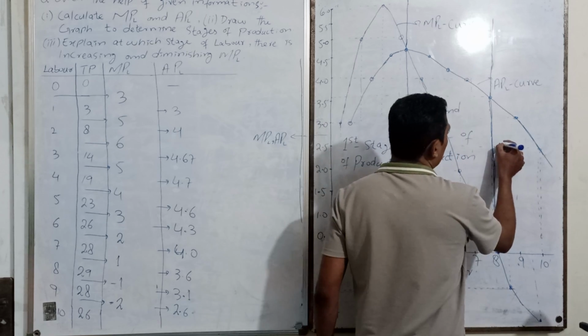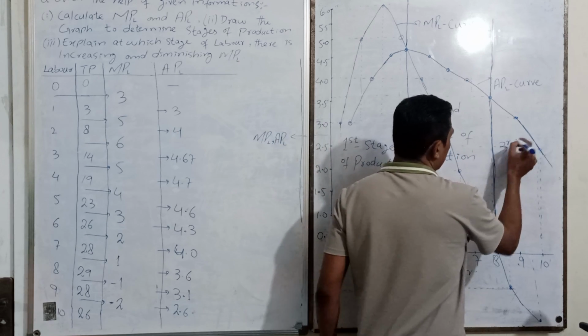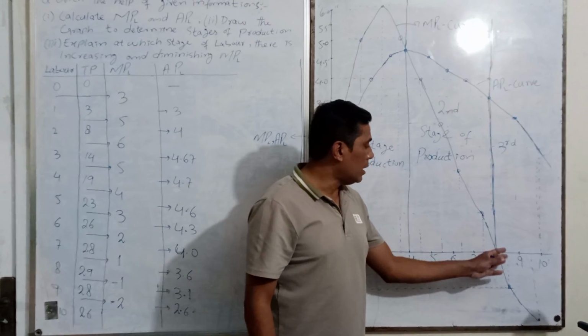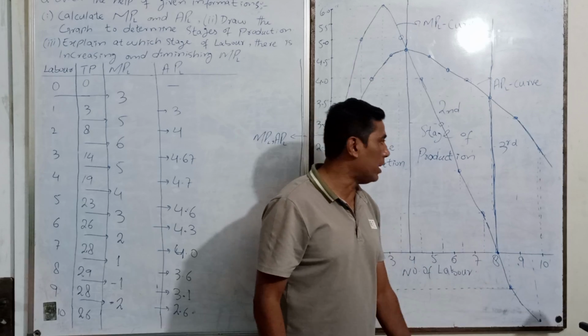And this one is the third stage of production, which starts where marginal product of labor is negative.